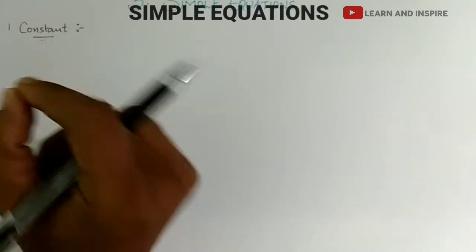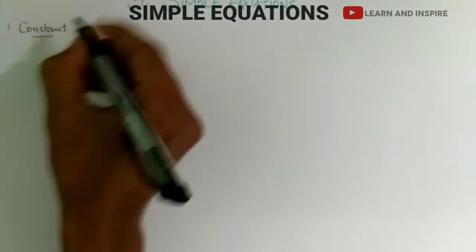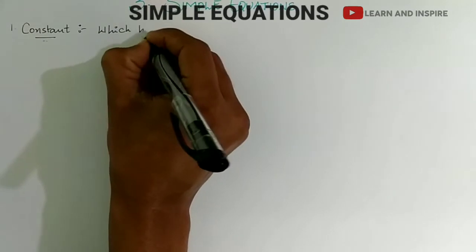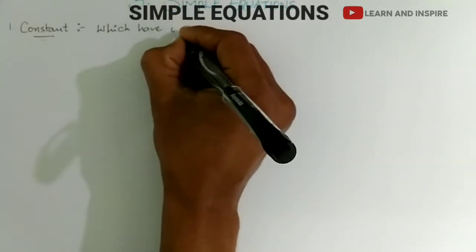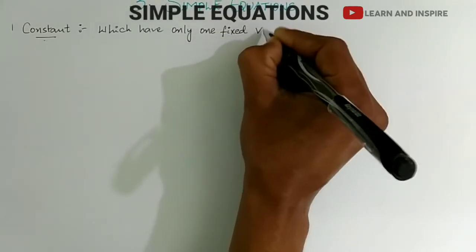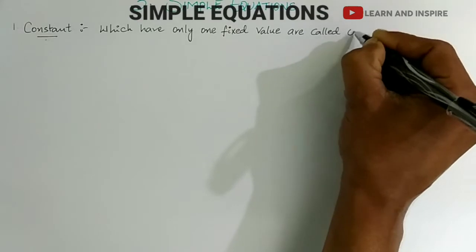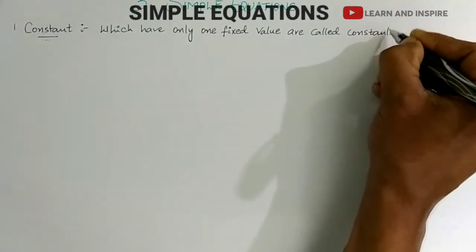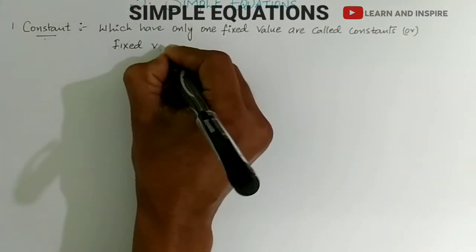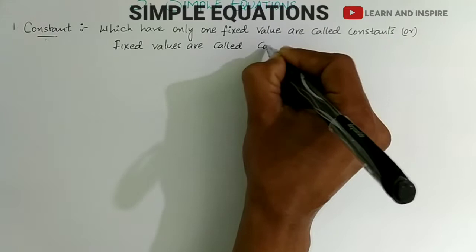So we can write the definition of constant: which have only one fixed value are called constants, or simple definition, fixed values are called constants.